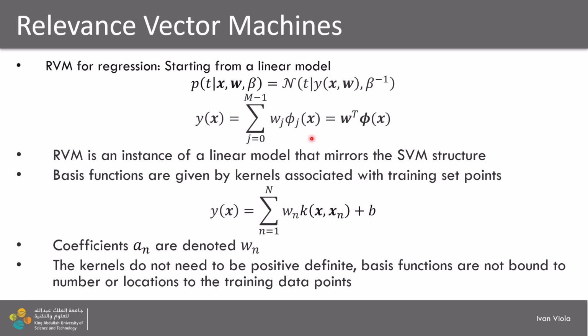Then the kernels do not need to be positive definite in the case of relevance vector machines as compared to the support vector machines. And in principle, the basis functions are not bound to the number or locations of the training data points.